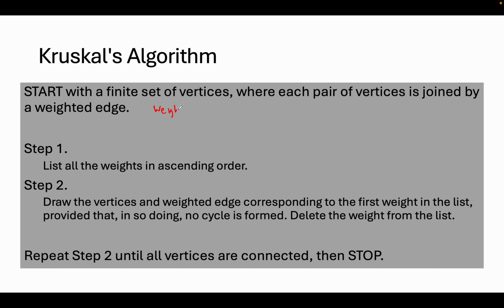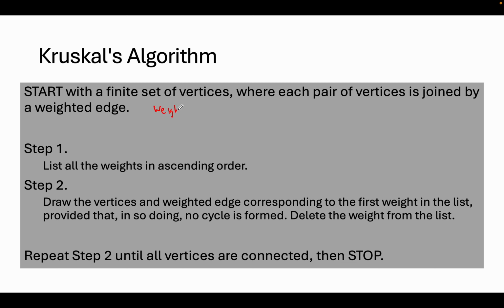We list all the weights in ascending order, which means we start from the low numbers and go up to the high numbers. Step 2 is we draw the vertices and the edges. At every step, we choose the least weighted edge.